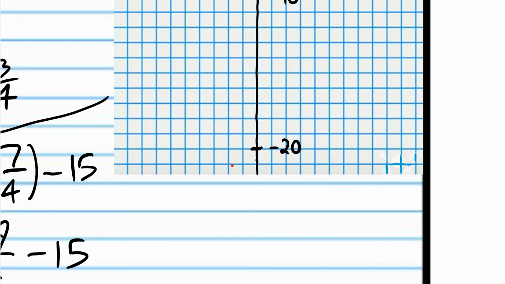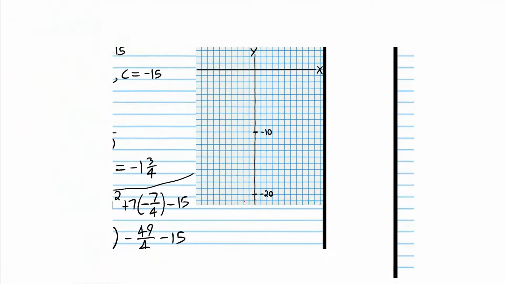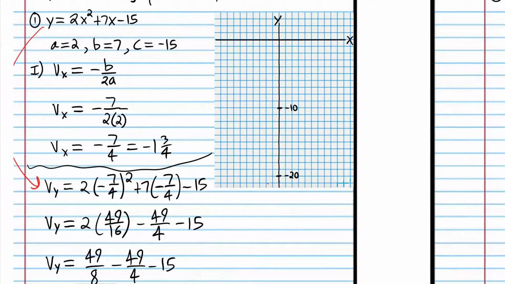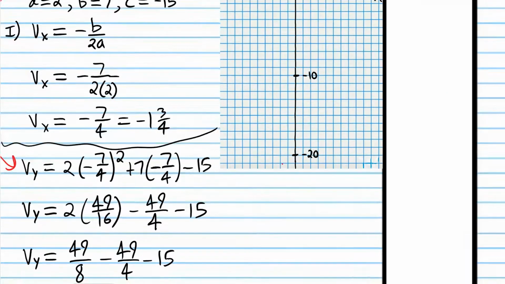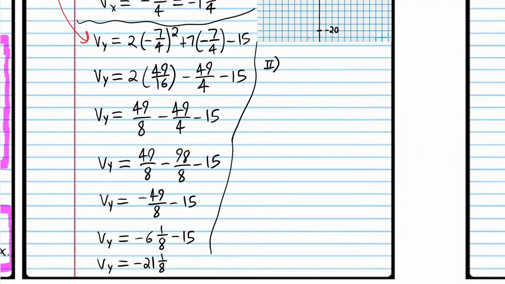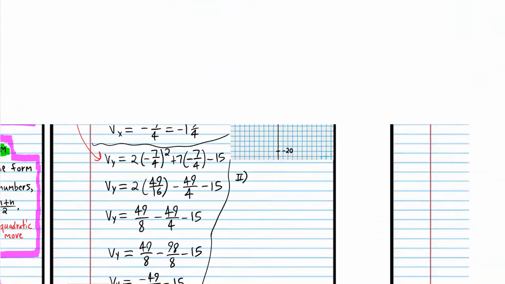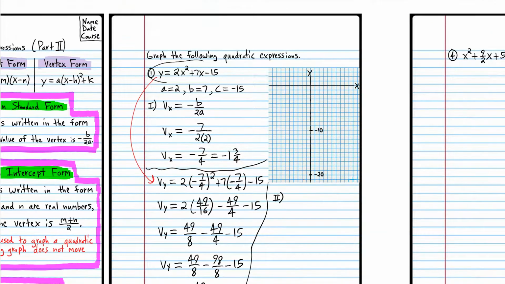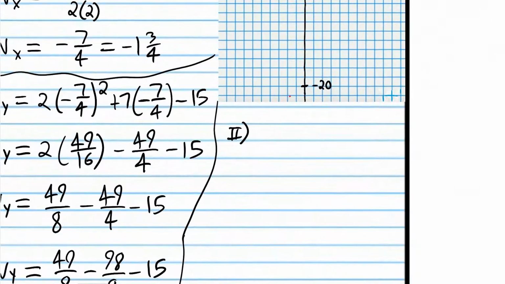And so now, obviously we need to find some other points, and this is going to be step 2. It's going to be easiest probably to just plug in 0 for x. And if we plug in 0, you're going to find that obviously the corresponding y value is just going to be negative 15. But let's just show that real quick here.